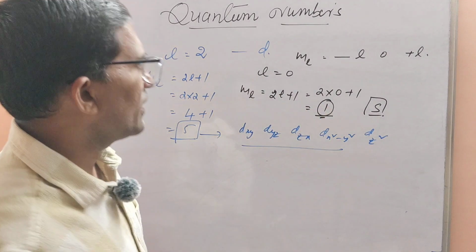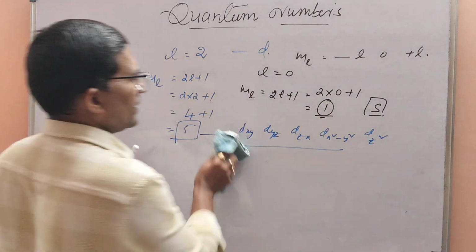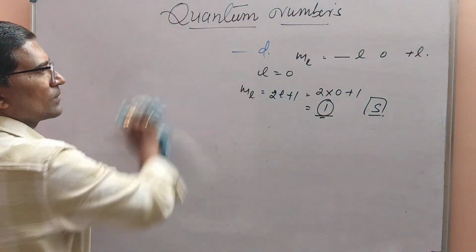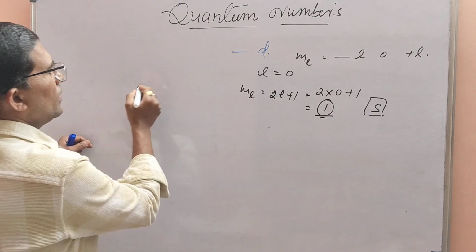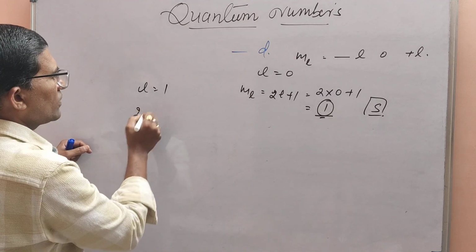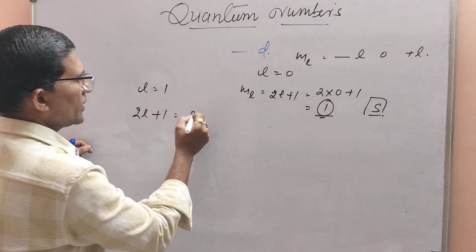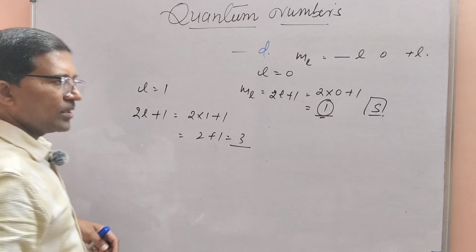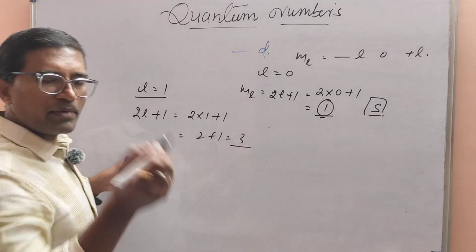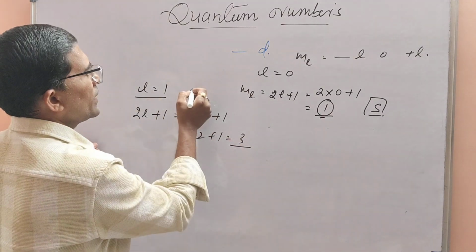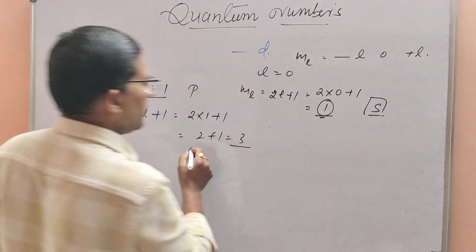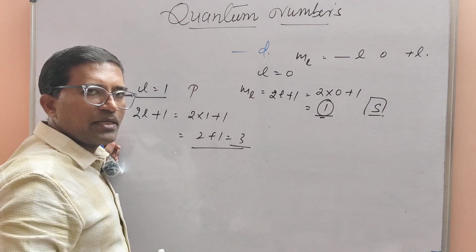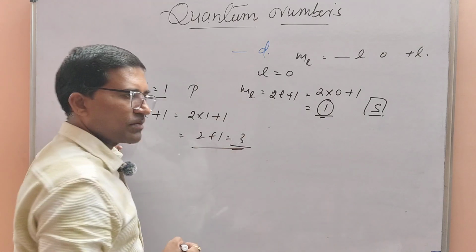Now, if I take l = 1, we have the formula 2l plus 1, that is 2 into 1 plus 1, 2 plus 1, how much? 3. As usual, l = 1 means the subshell is p. There are different p orbitals, px, py, pz. 3 orientations are possible.